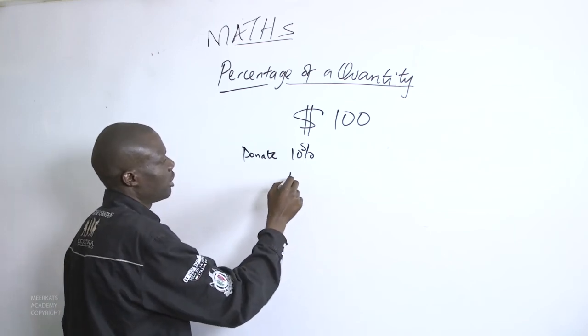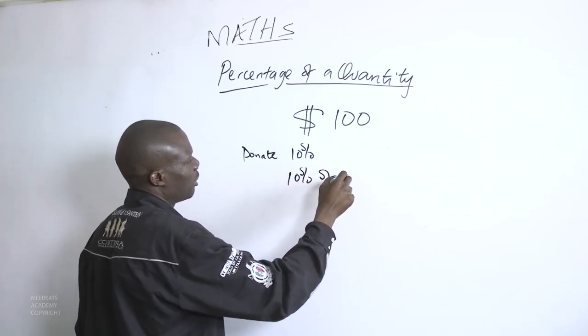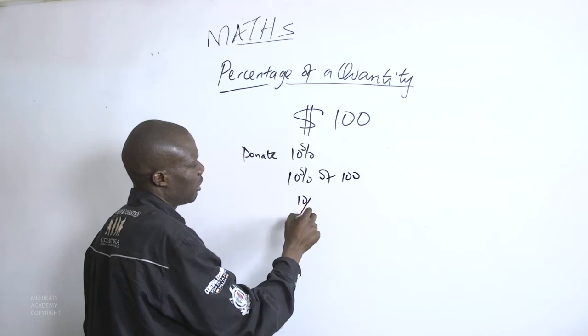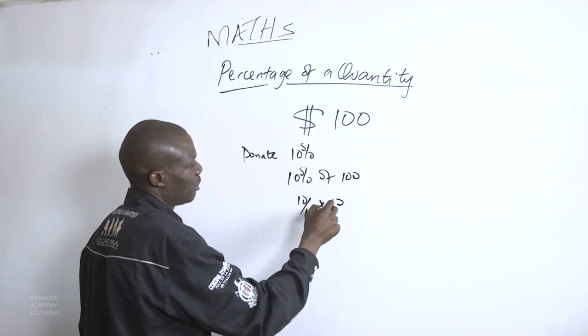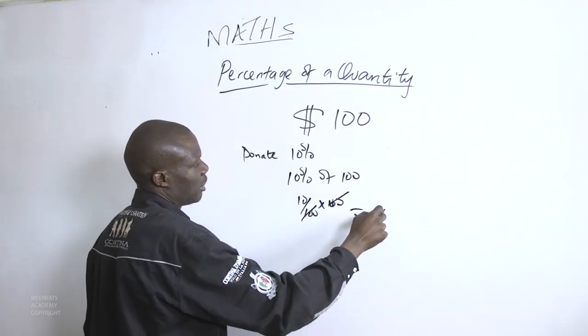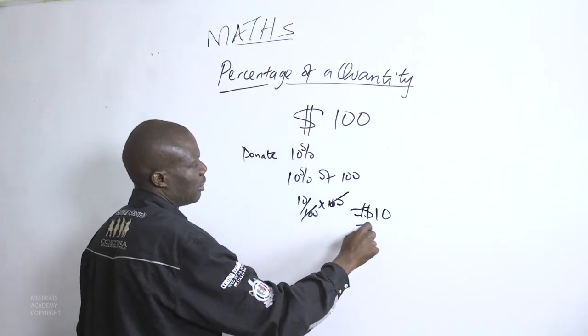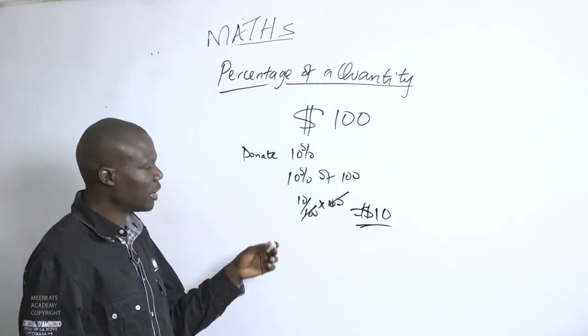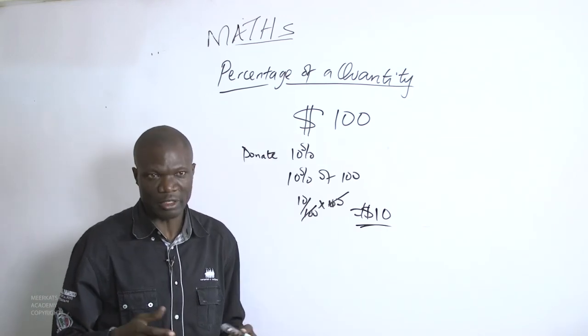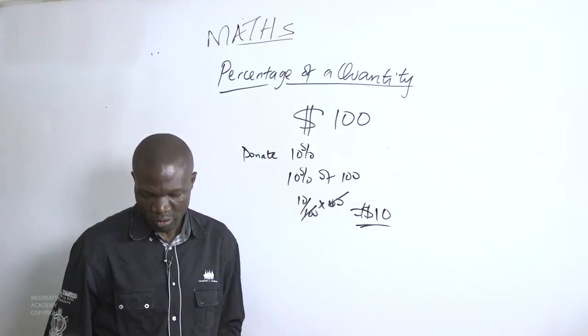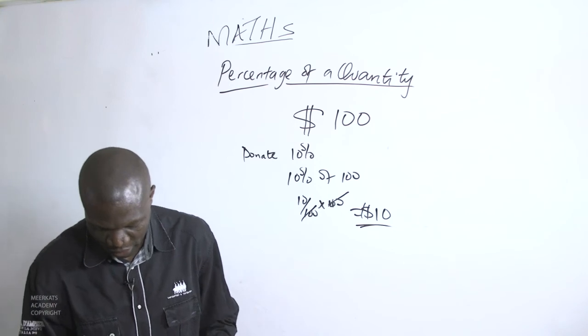So this will be 10% of 100, which will be 10 over 100 times 100. You get $10. So percentage of quantity is simply used to help us know exactly what we need.